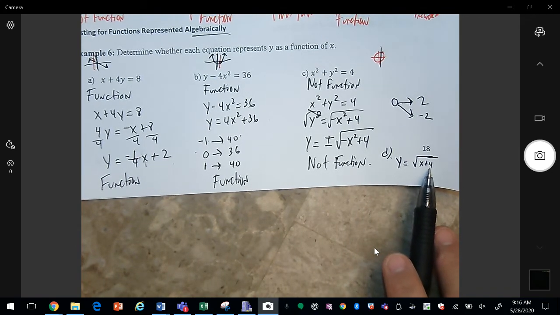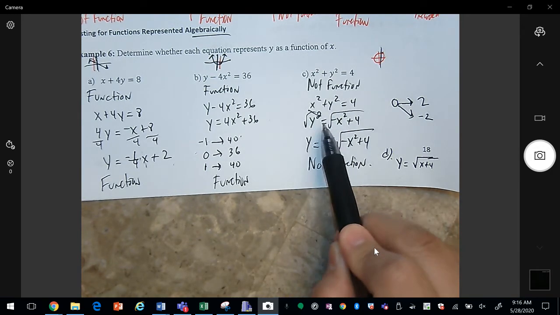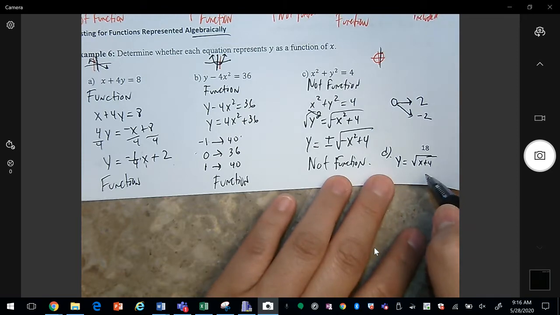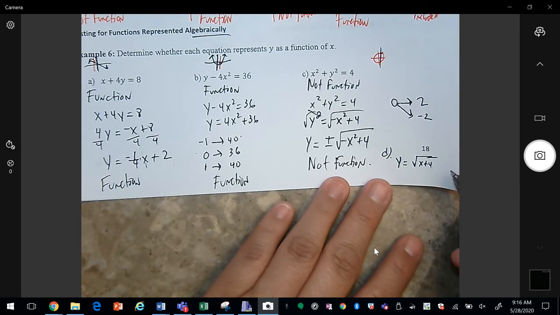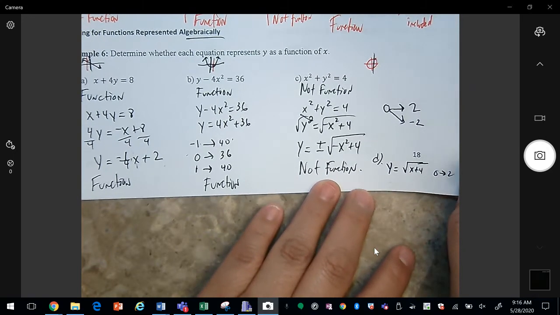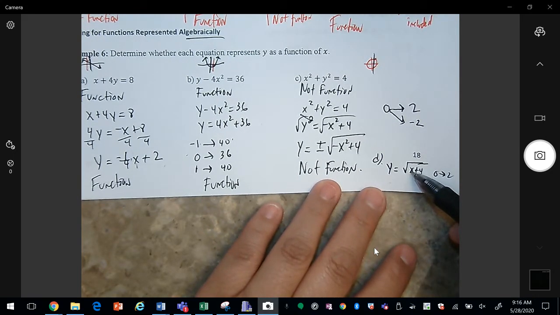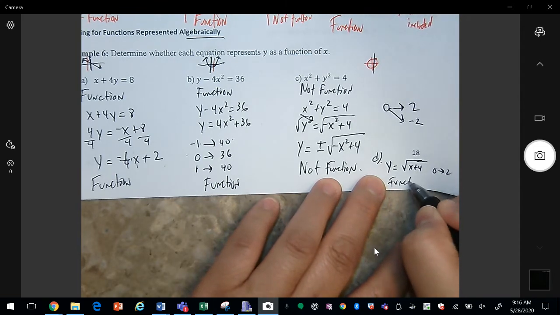So you personally don't have to take the square root as I did in letter C. And so here, for whatever x you put in here, if x is 0, then you get 0 plus 4 is 4, and the square root of 4 is 2. So 0 is only going to go to one number, 2. And if you put a negative 1, you'll get the square root of 3. And if you put a 1, you get the square root of 5. So they'll be going to just one item. So this would be a function.